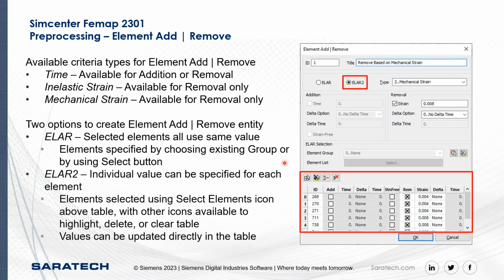The other option is the ELAR2, and this is when individual values can be specified for each element. You can see down here in this box, you can select, highlight, add, remove, or delete the elements with some of these controls. You can see the element IDs here, where we've given unique strain values for each element, so that doesn't have to be a uniform value.